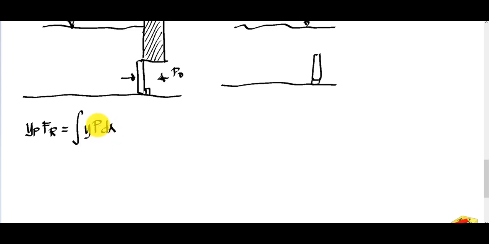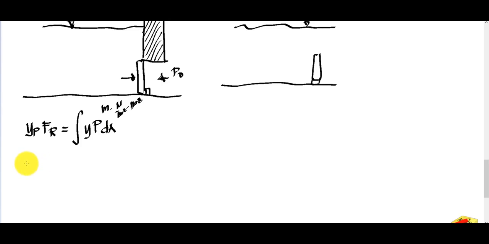The units: pressure is already Newton per square meter, multiplied by square meter, so it cancels out, then multiplying by the value of y, which is also meter. So we have the unit now in Newton meter, so that will be y times the pressure, and you have your differential area.